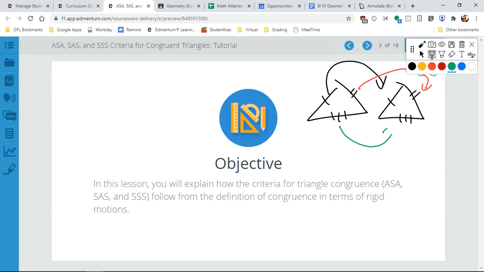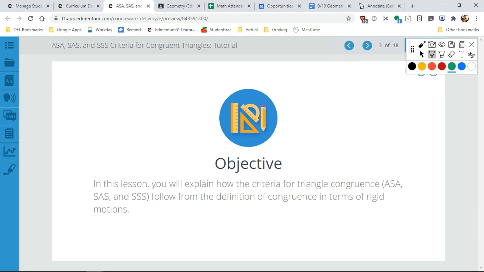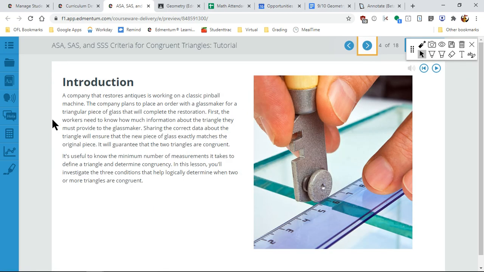So we talked about how congruency just means all you have to do is rigid motion to make them congruent. So we're going to talk about how this applies to triangles. So the idea here, they're doing real life things.